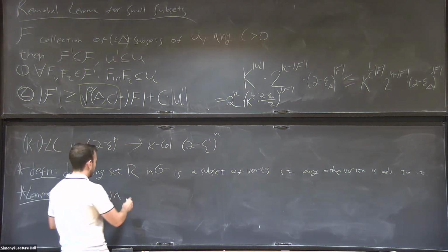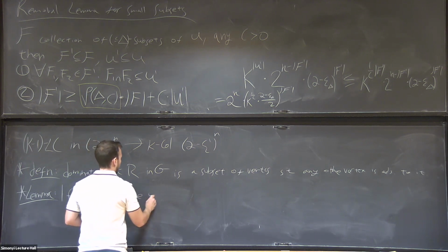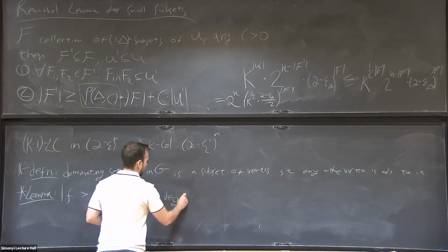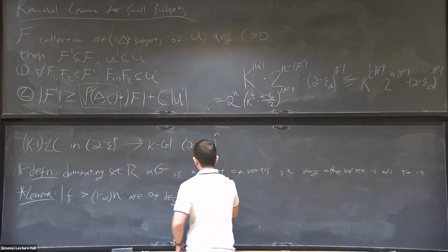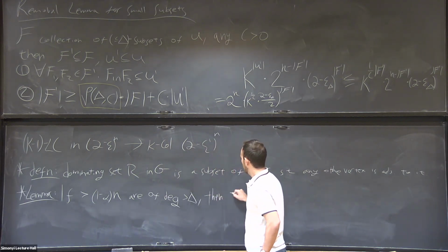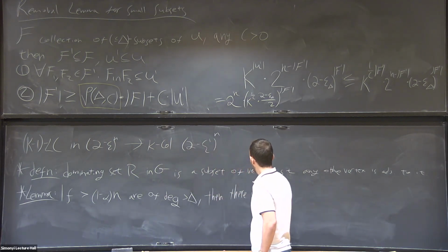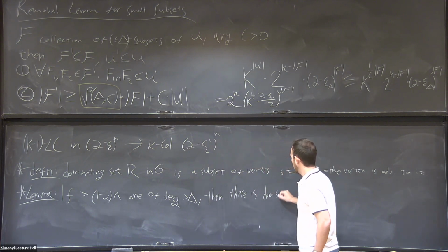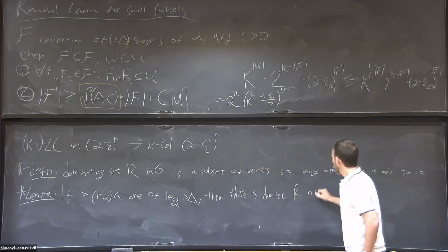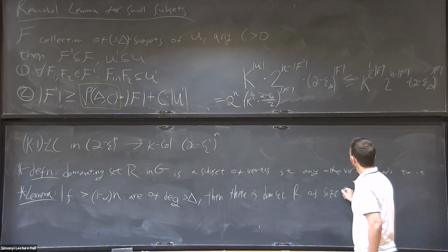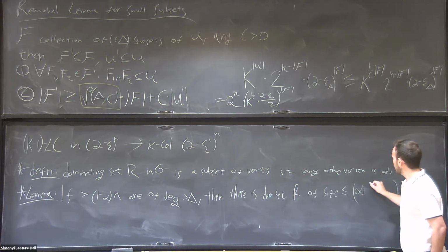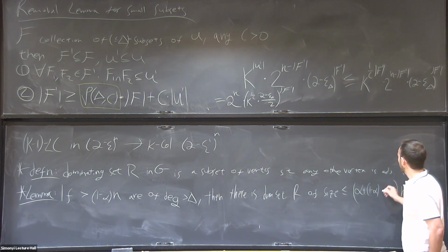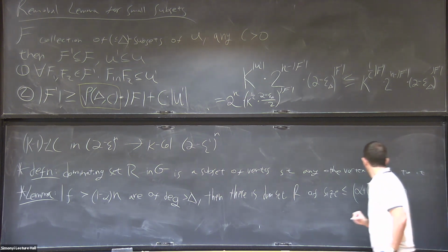So if most vertices in my graph are of degree larger than delta, think of this as a large constant and alpha as a small constant, then there is a dominating set R of size at most something like alpha plus 1 minus alpha times 1 plus log delta over delta.